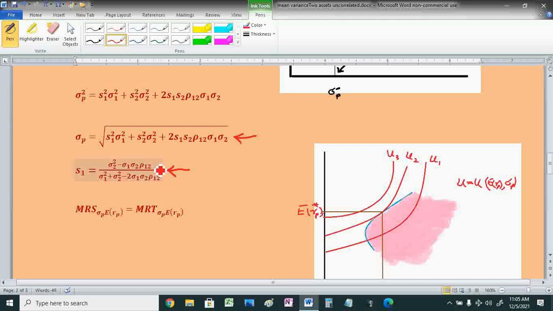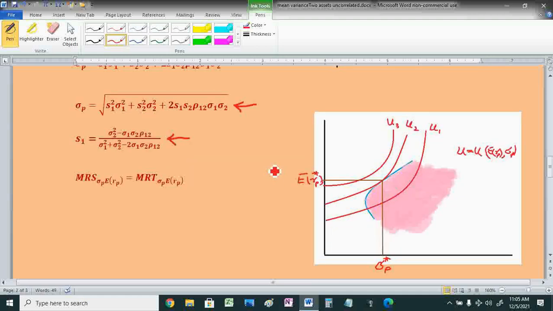See that if in this formula I put rho 12 equal to 0, so that the correlation between the returns on two assets becomes equal to 0, this formula will reduce to sigma 2 square divided by sigma 1 square plus sigma 2 square, something that we have already seen.